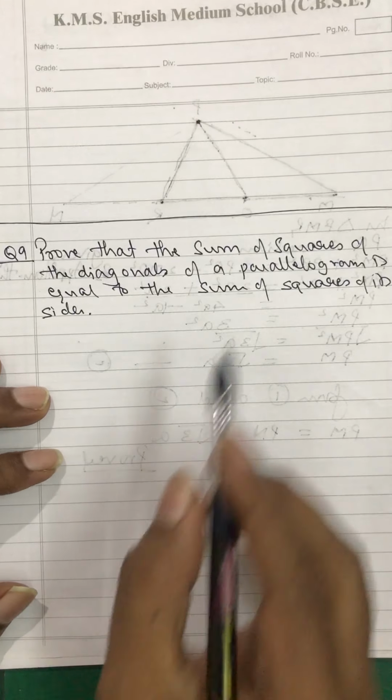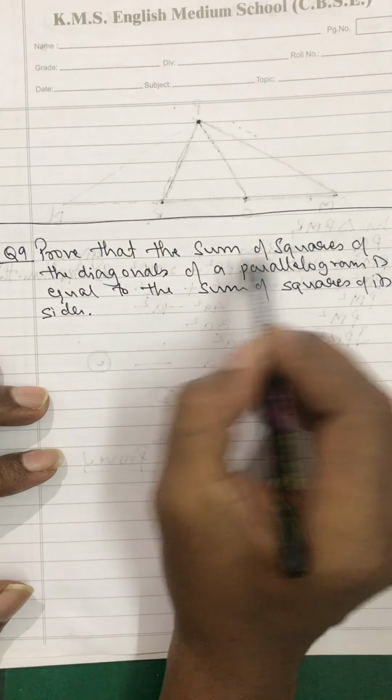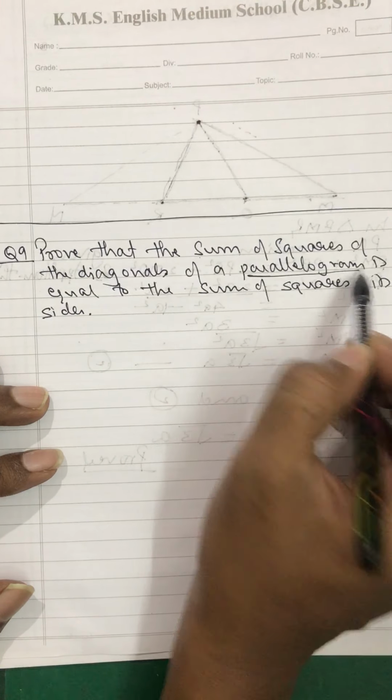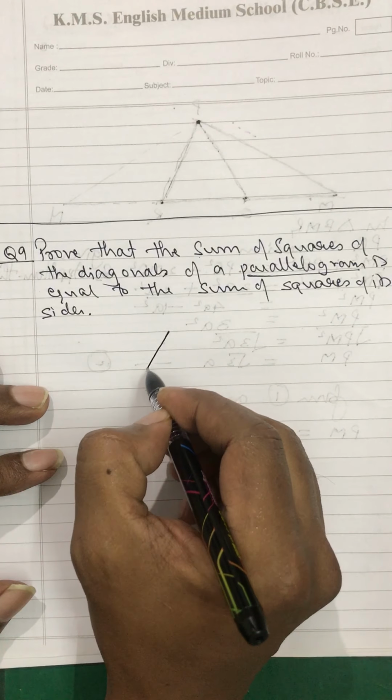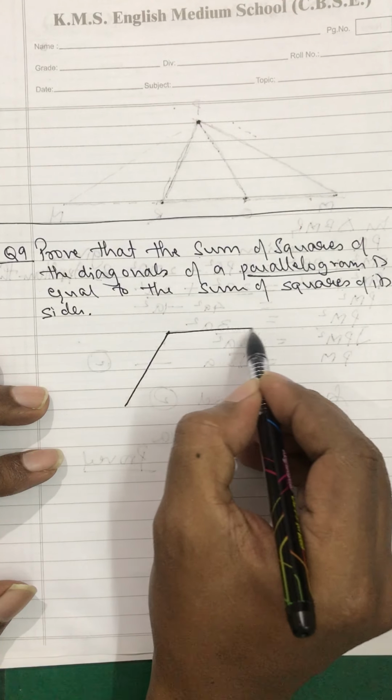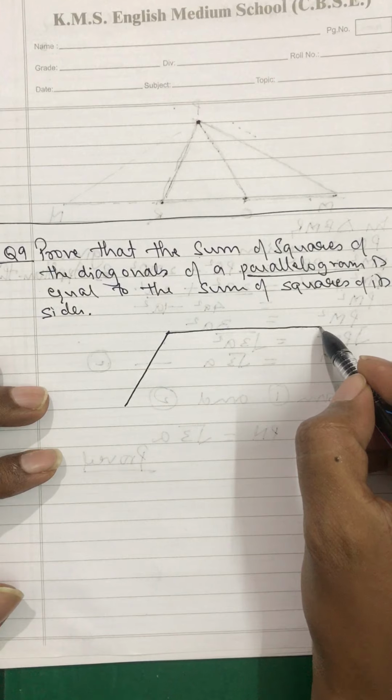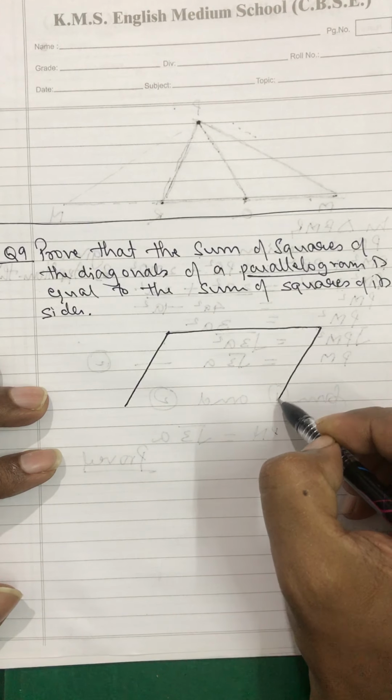So basically here, what are we supposed to prove? We have the sum of squares of the diagonals of a parallelogram, so definitely we have a parallelogram over here. This is the first thing that we have to understand.